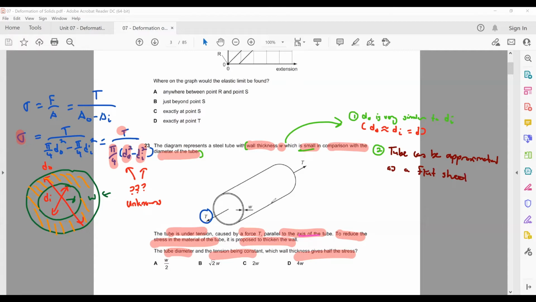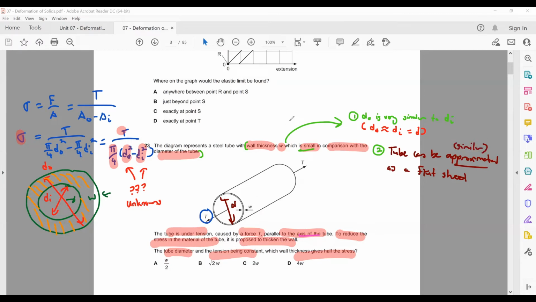Because the diameter is so much bigger than the wall thickness itself, you can actually think of this tube as being similar to a flat sheet.